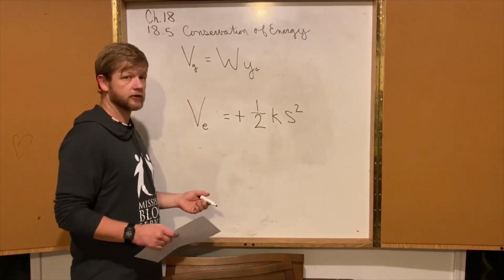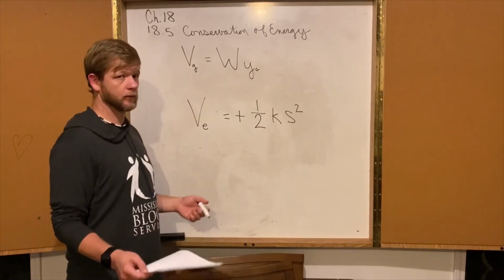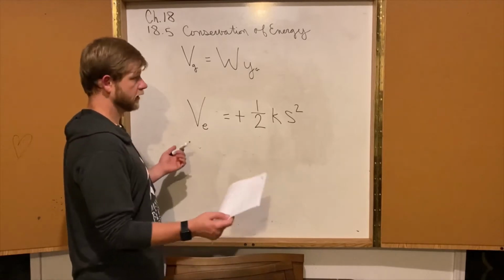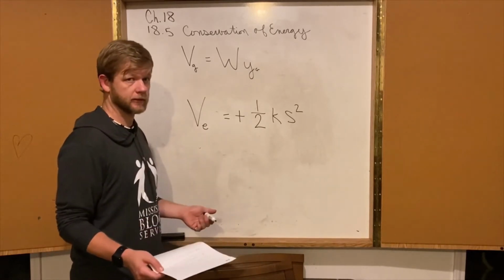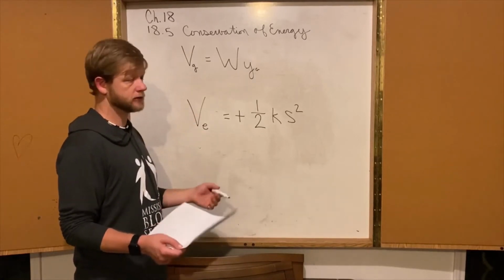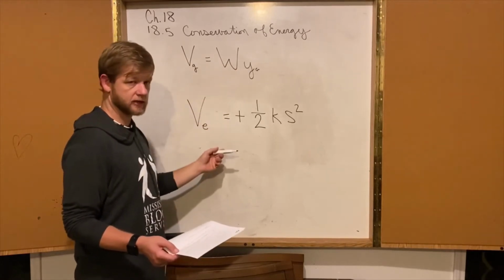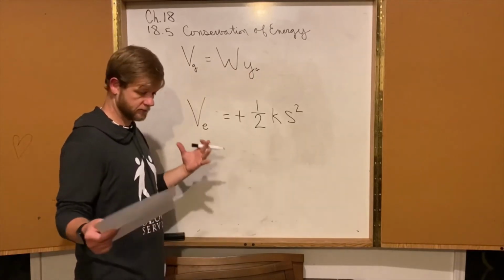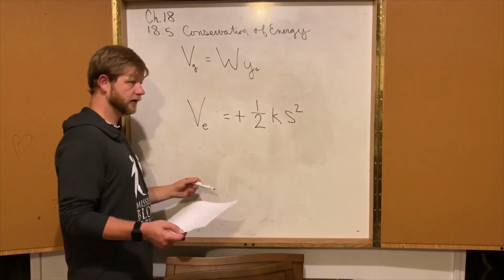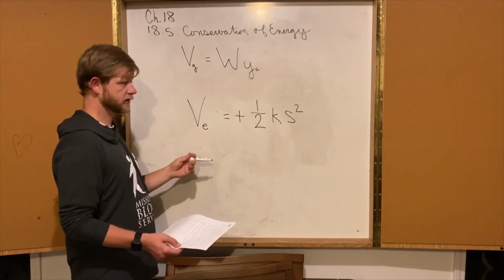So in section 5, we're talking about the conservation of energy. Let's first define the other form of energy. We know we have kinetic energy and potential energy. We've already spoken about kinetic energy. Now let's talk about potential energy. Here Vg represents our gravitational potential energy, which equals the weight times the change in y about the center of gravity, G. Another type of potential energy is elastic potential energy, like for a spring.